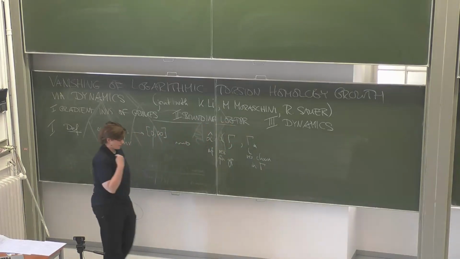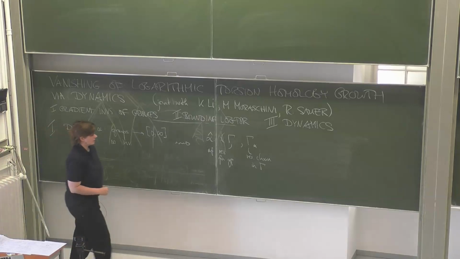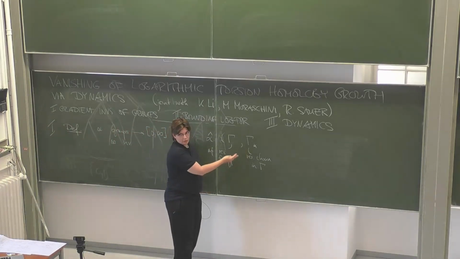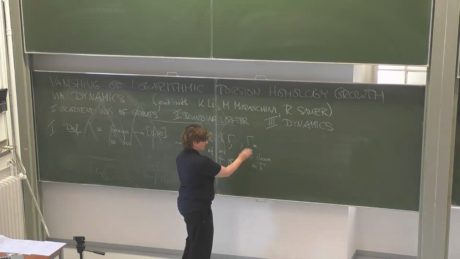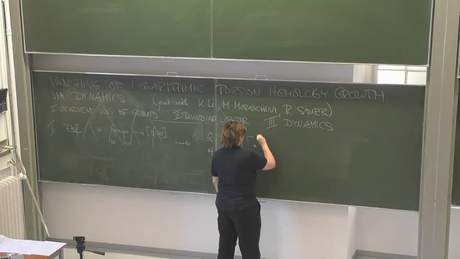So it's a nested sequence of finite index normal subgroups of gamma whose intersection is trivial. In principle, you could do it for more general directed systems, but for simplicity, let's just stick with this standard situation that you have such a residual chain.